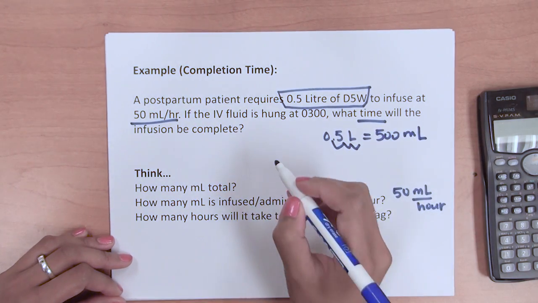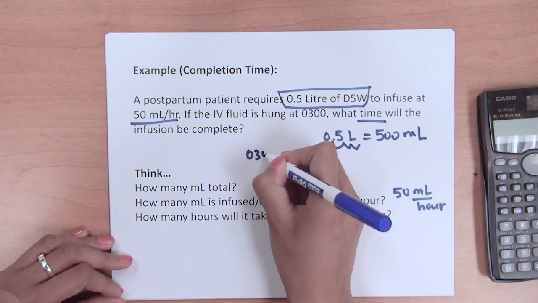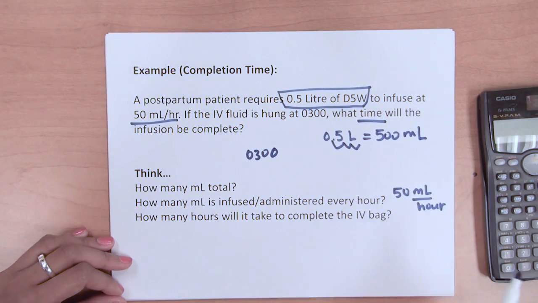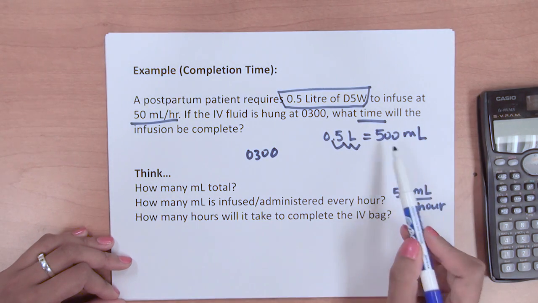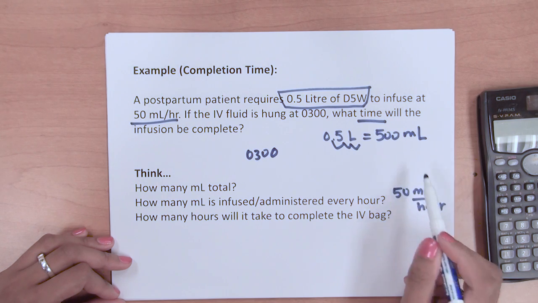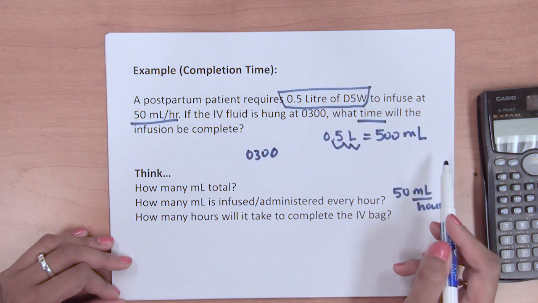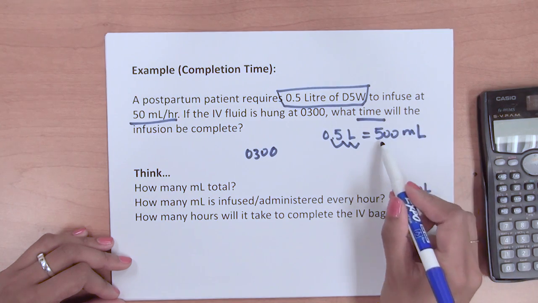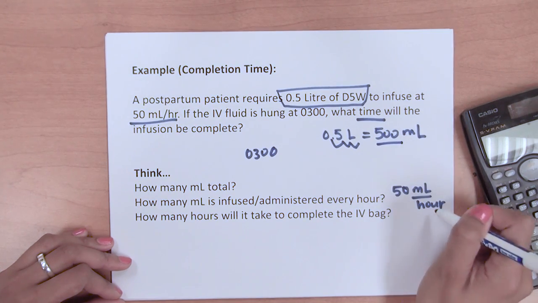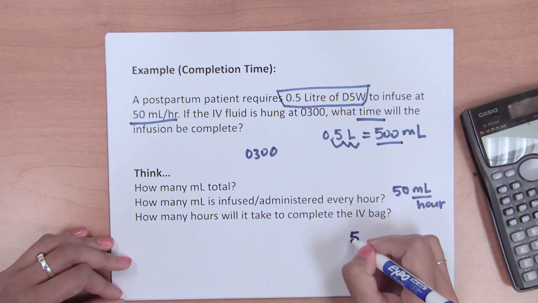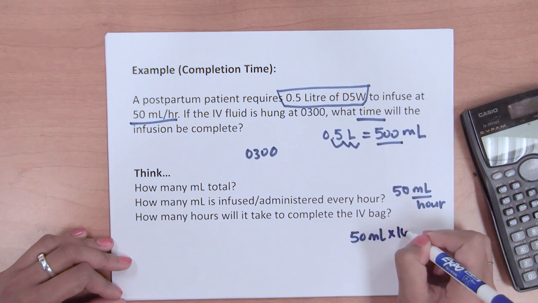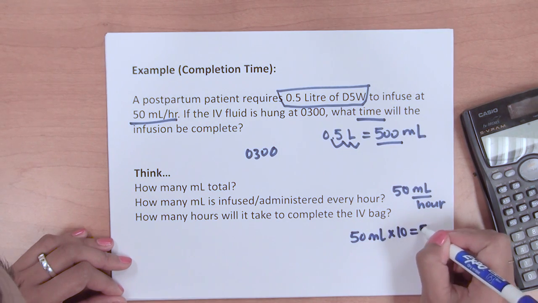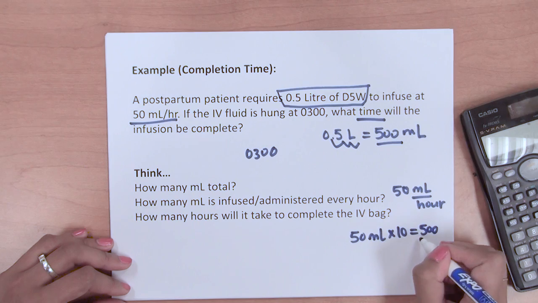We started at 3 o'clock. And how many 50 mils is in 500 mils? That's gonna be 10. So that means for this bag to finish, it's gonna take 10 hours. So that's 50 mils times 10 is going to equal to 500.